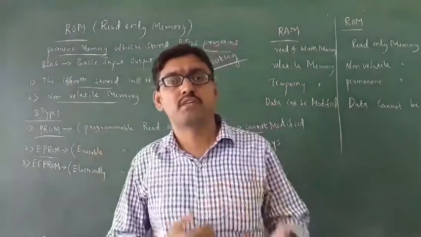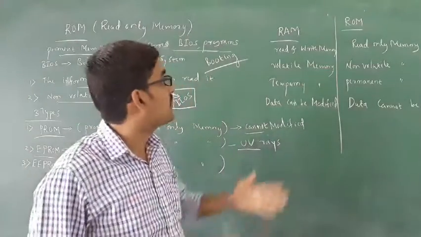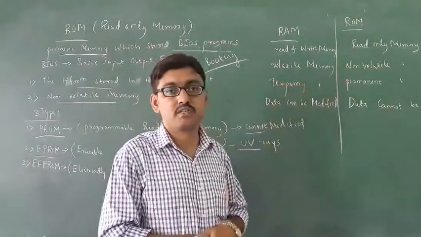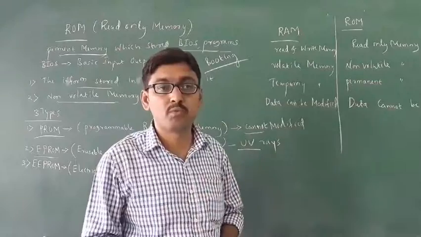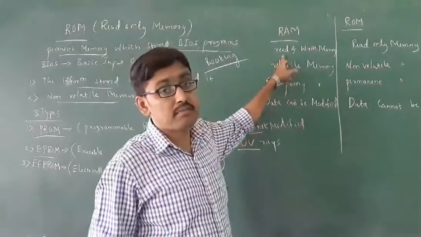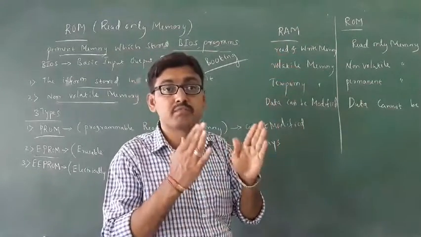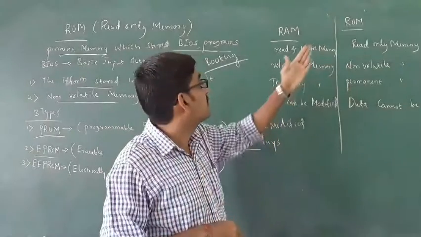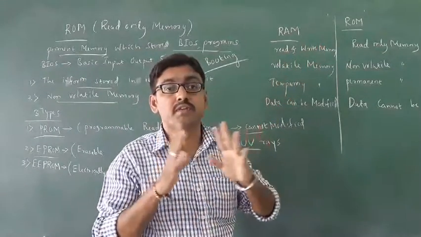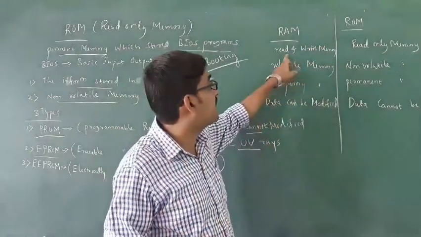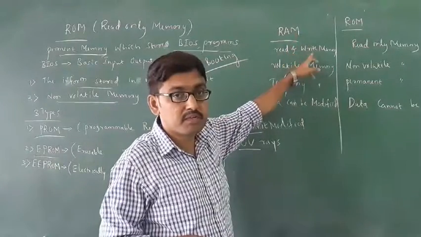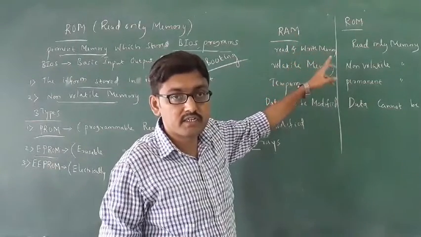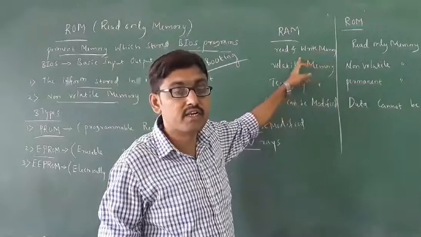Then in the examination they will ask what the difference between RAM and ROM is. First, RAM is random access memory, and ROM is read only memory. RAM is read and write memory, and you can modify whatever data is in the RAM.